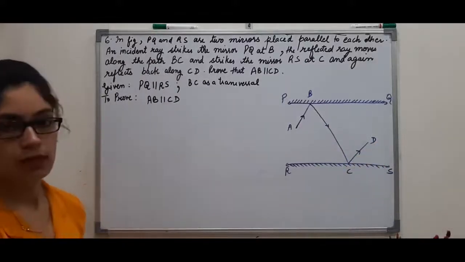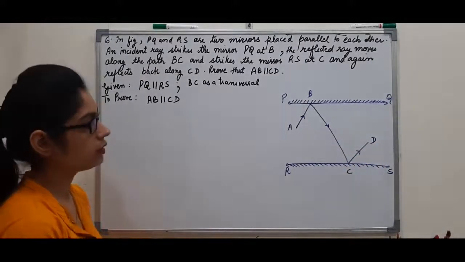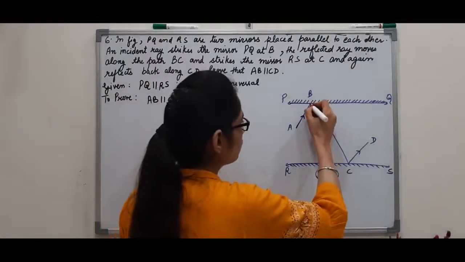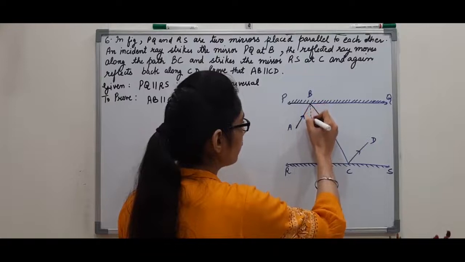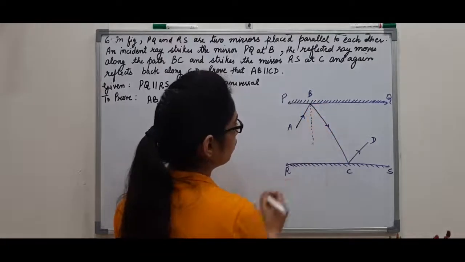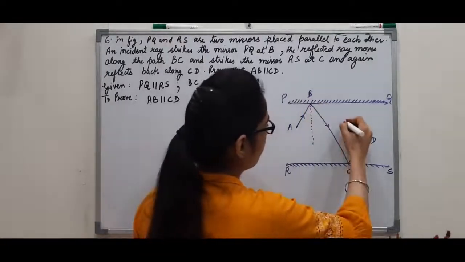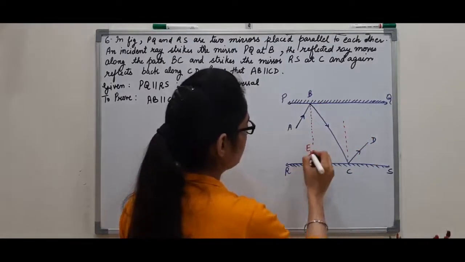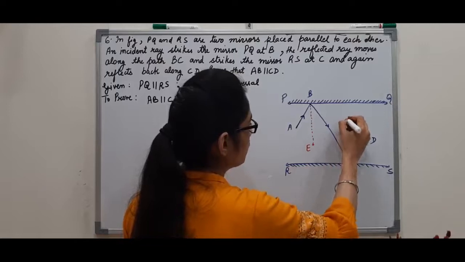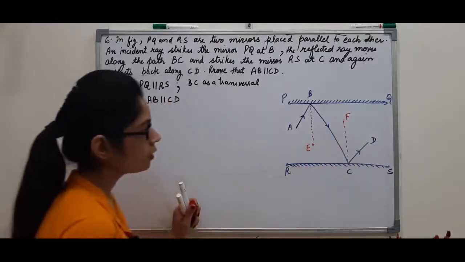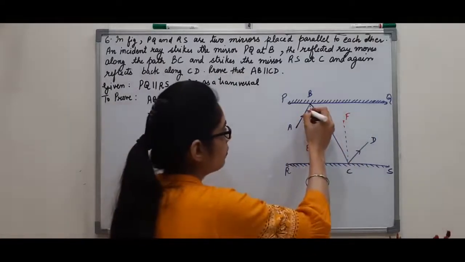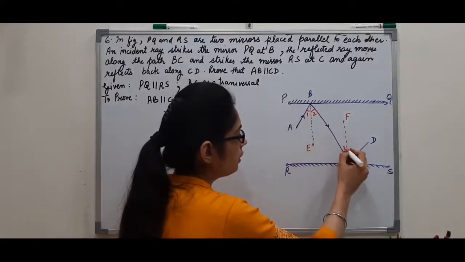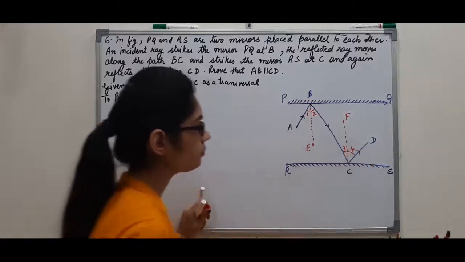So here we have to do construction also. Let's do the construction part first. We'll draw two perpendiculars. First one, this straight line, and here also one straight line we have to draw. Let's name this point E and this point F. Here we can name these as angle 1, angle 2, angle 3 and angle 4.